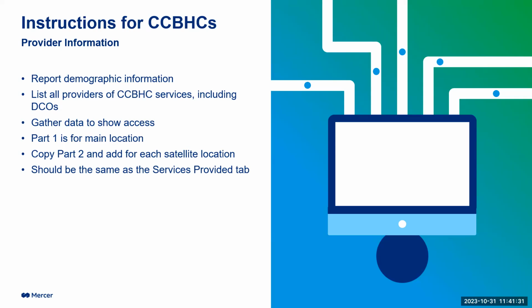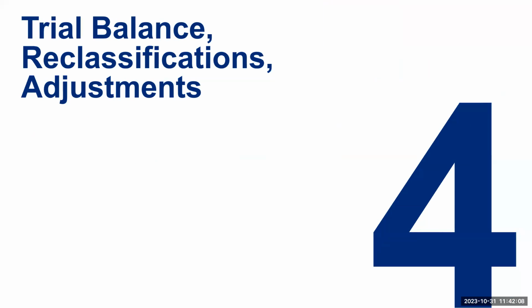Based upon the number of any satellite locations that your organization has, you will copy part two of the provider information and provide that detail as well for each of the locations. It should be similar to the services provided tab, which is later on in the cost report. But we really want to see the main location, accessibility, and hours of operation for all your different locations. I apologize. Moving on, Toby.